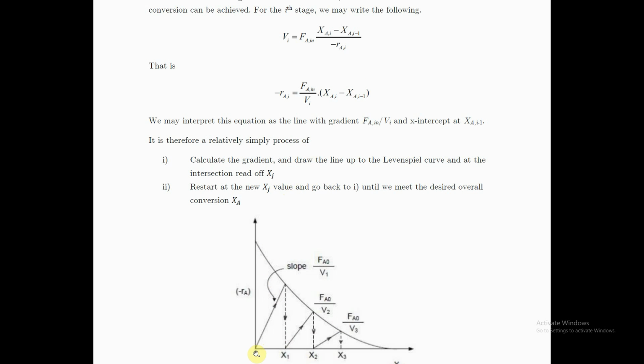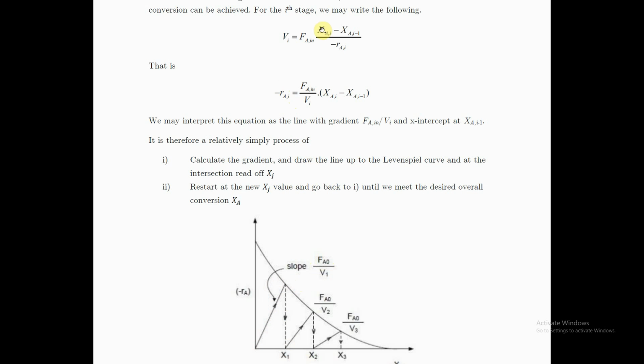So let's say we start with the first one. We know our current conversion is 0. And then if you look at this relationship between R_A and X, right, it has this factor in front of it. So that's in effect the gradient. So there exists a line along whose gradient we are moving as we reach the next conversion. So we move along this line until we reach the desired reaction rate. So that's there, and then that tells us what the conversion is.